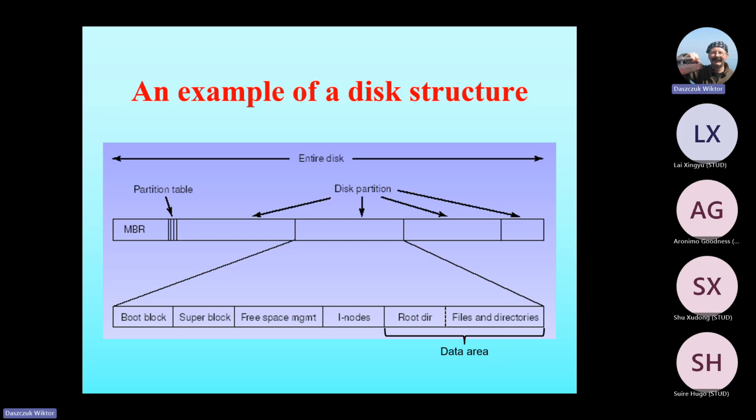Then the data area. There was a solid line here by Tannenbaum, but I made it a dashed line because the root directory is in the data area. More, if it has a continuation, it is not at the beginning, it is somewhere among other blocks.